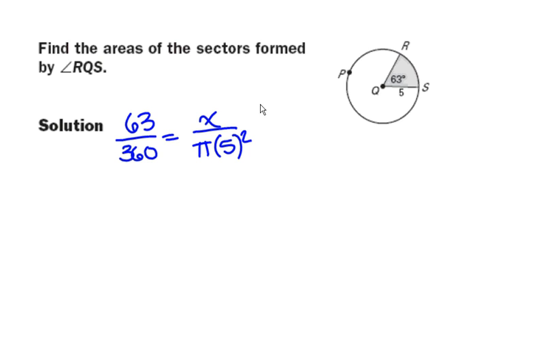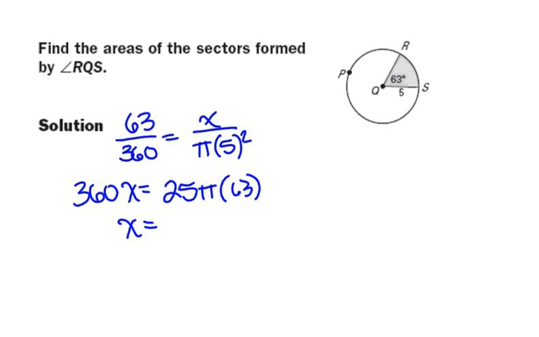Now, sector area, just like whole area, is going to be left in terms of pi unless you're told otherwise. So we are going to solve for x. So we get 360x equals 25 pi times 63.